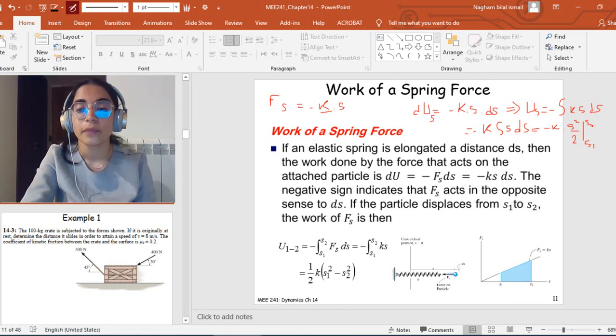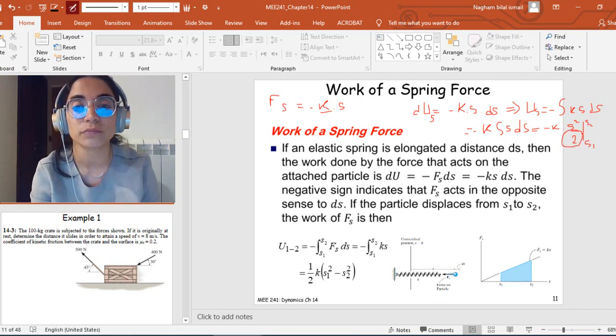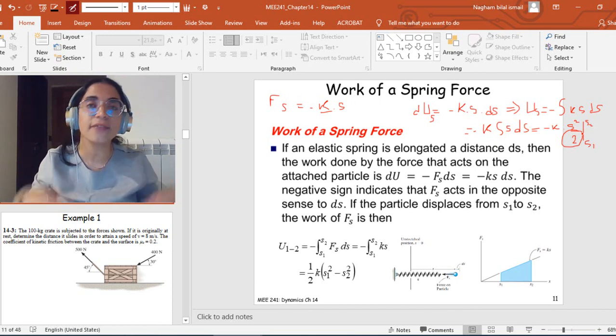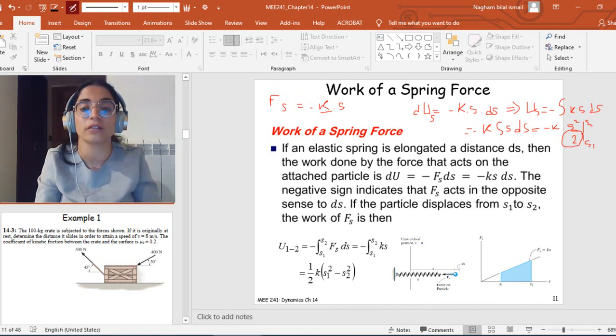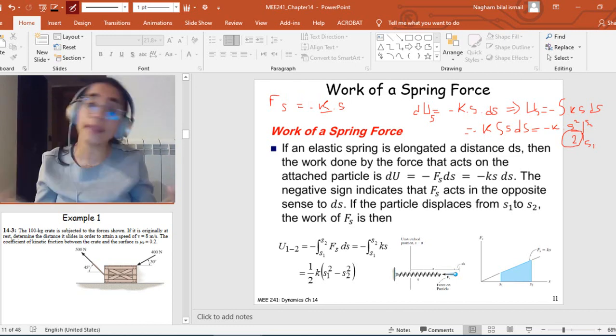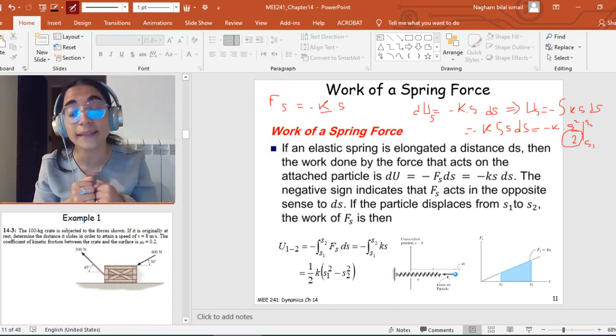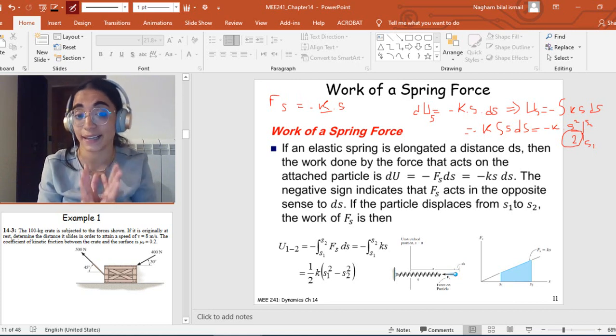Now, guys, most of the students forget this over 2. Why? Because what they do is make the product between the force and the displacement without doing the integration, which is not correct.